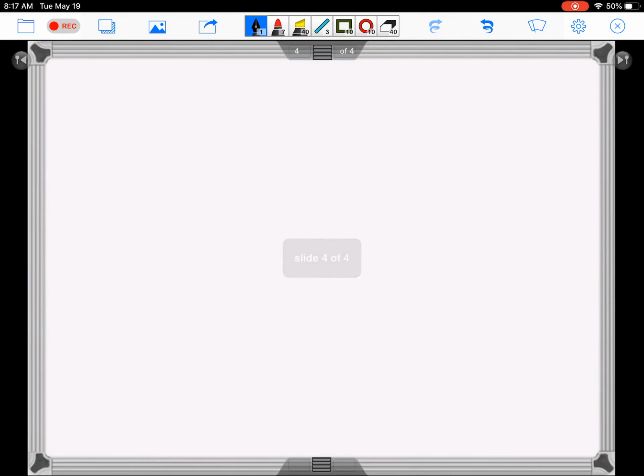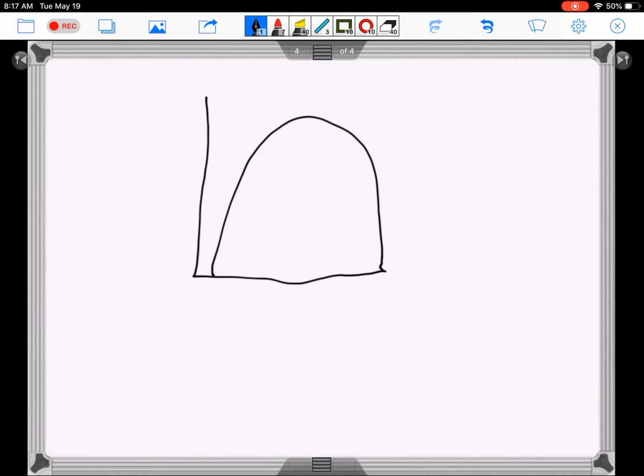Let's see. Okay, so what are we trying to see? Well, you're trying to see a curve that looks like this. Your x-min and your x-max, whatever you choose, should let you see an up and a down.